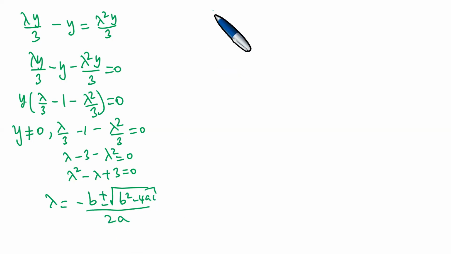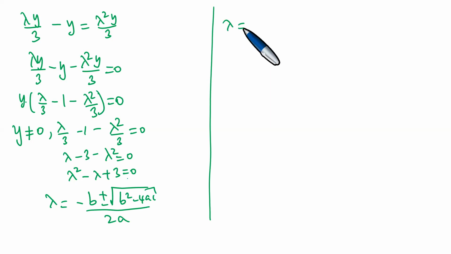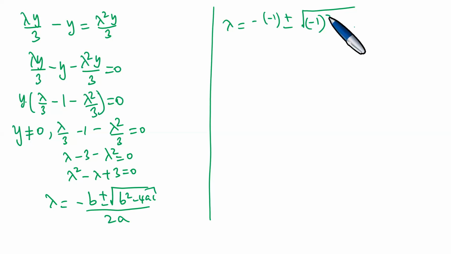So lambda equals minus into minus 1, and then plus or minus the square root of b squared, which is minus 1 squared, minus 4, where a is 1 and c is 3.